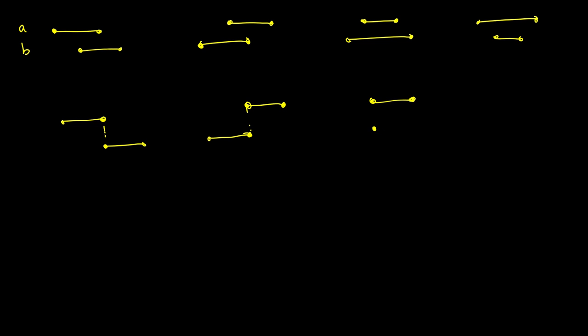In fact, we don't need to consider it. It's included in the above scenarios, but it's better to be clear. So in this case, I have listed the overlapping cases. There would be some more cases where it does not overlap, like this or like this. So these are non-overlapping cases we have already covered.